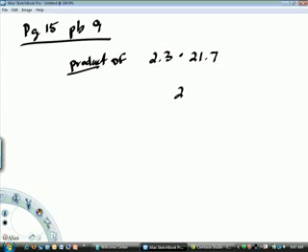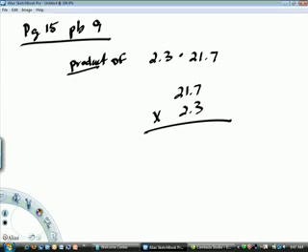So we're going to multiply 21.7 times 2.3, and then we're going to get an answer. You have to multiply that out. What if you were going to just estimate that? If I was going to estimate it, what two numbers would I use?